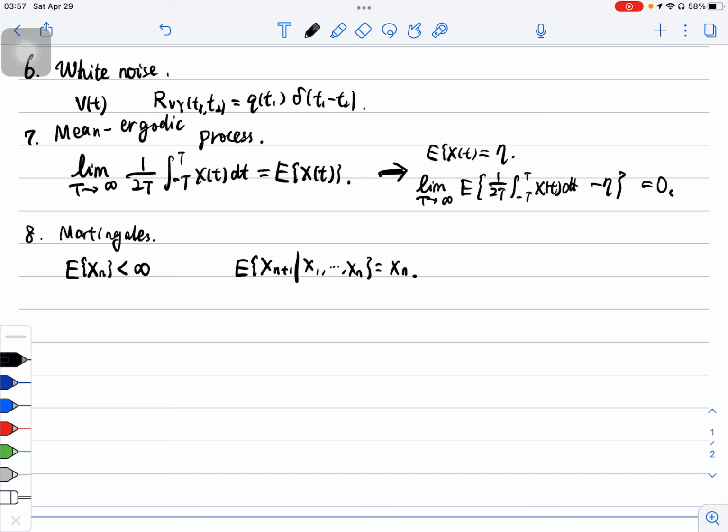A martingale is a sequence of stochastic processes for which, at a particular time, the conditional expectation of the next value in the sequence is equal to the present value, regardless of all prior values.